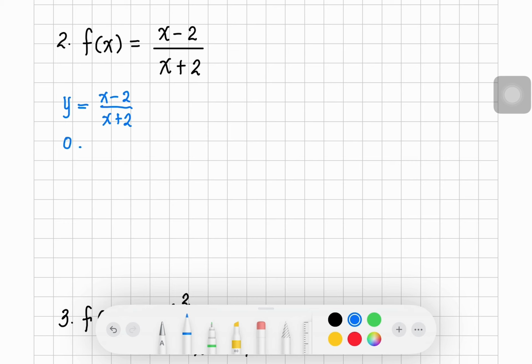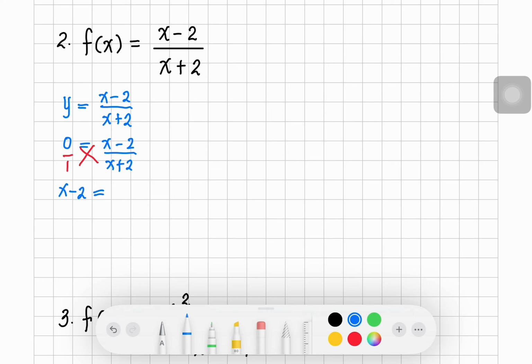So, 0 equals x minus 2 all over x plus 2. So, guys, dito, using cross multiplication product, di ba, over 1 to. Ayan, cross multiplication tayo. So, the quantity, or I mean, x minus 2 times 1, it will become x minus 2.